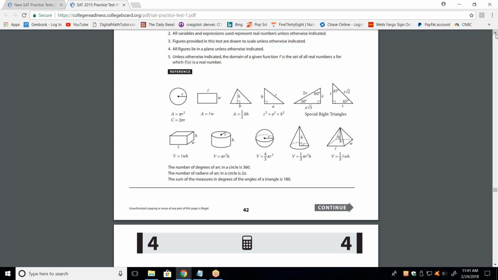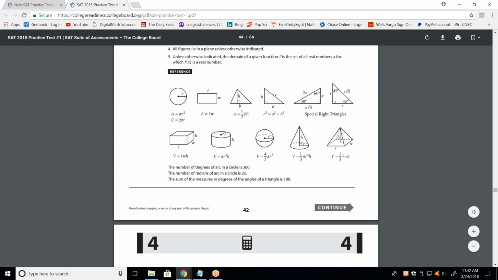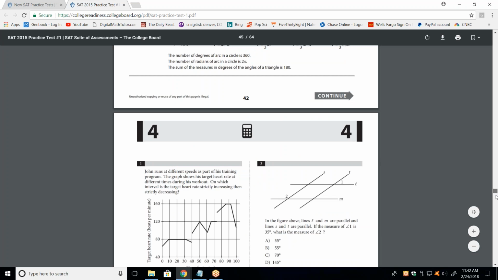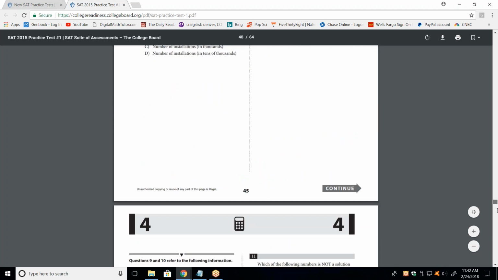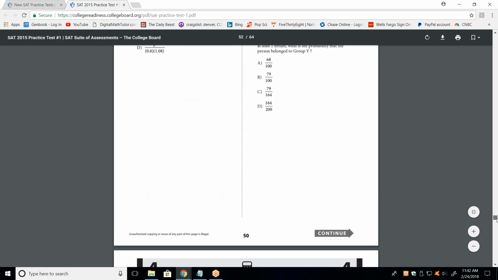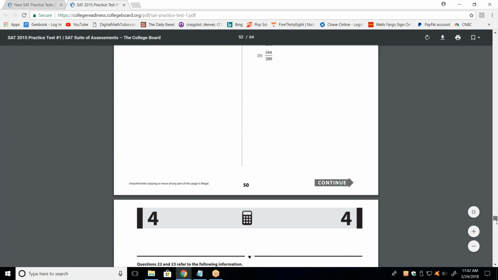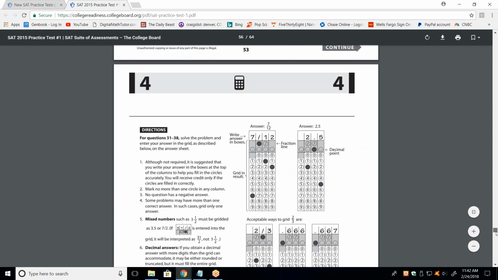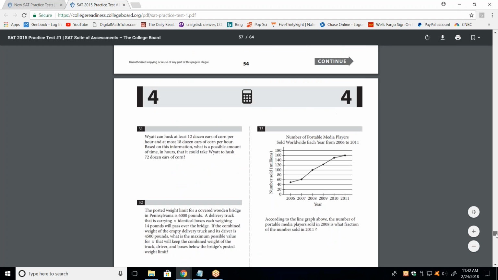What's the volume of a right cylinder? Volume is pi r squared h. I don't know where that chart is. It may only be at the very beginning, and that's it. I'm trying to get back to our problem.